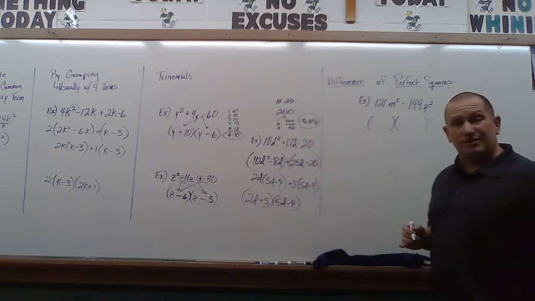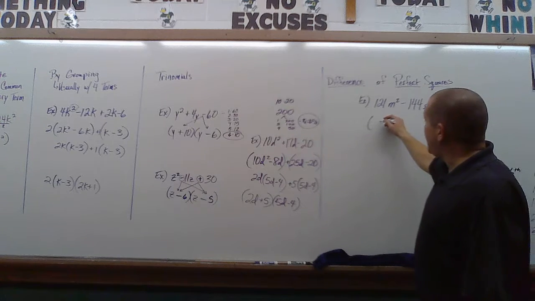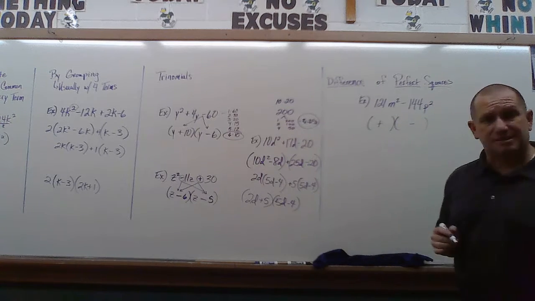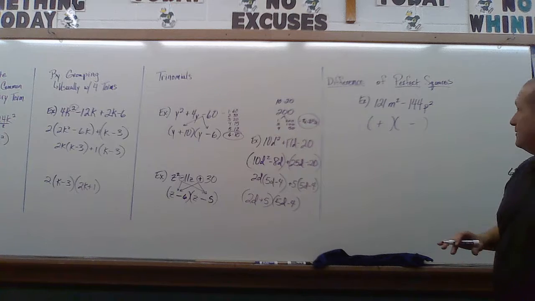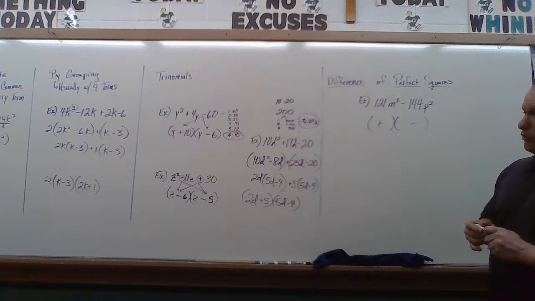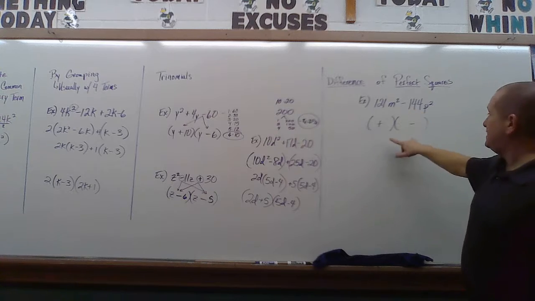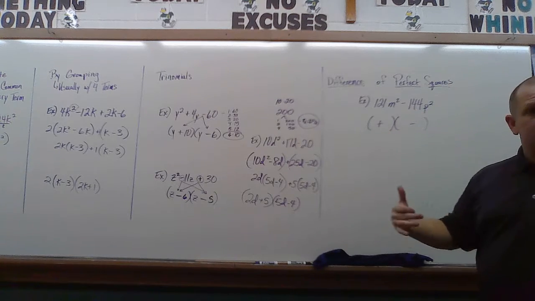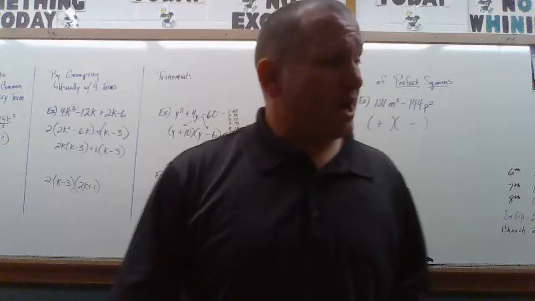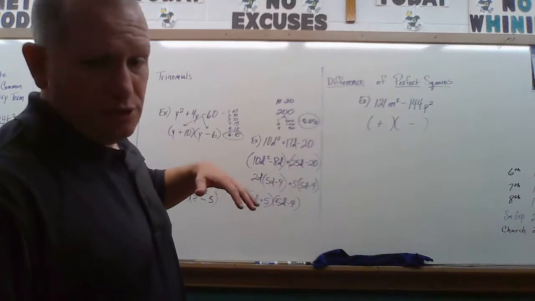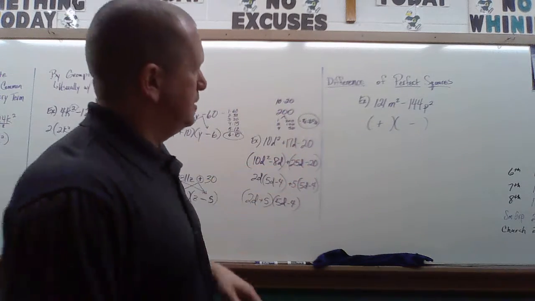You make your two sets of parentheses. You always have one plus and one minus, always, okay? Because remember, if I do FOIL to this, I get back to my original problem. And if I have different signs, I'm going to subtract. Well, in the subtraction of difference of perfect squares, my terms cancel each other out.